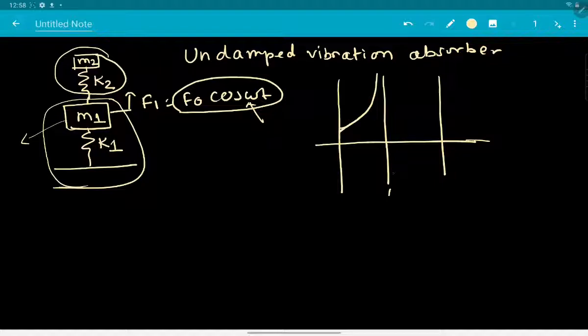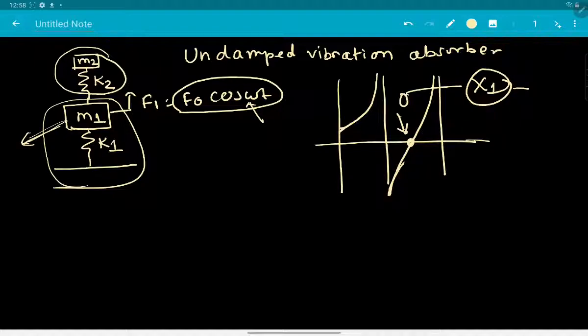It goes to infinity where you have the natural frequencies of that system, and it cuts somewhere over here, which has 0 amplitude. X1 is 0. This is the amplitude of the steady state part of the displacement of mass block 1. It can be exactly equal to 0 if you pick the appropriate omega by omega n1. If you do so, then this is what you get. So we already have seen this.